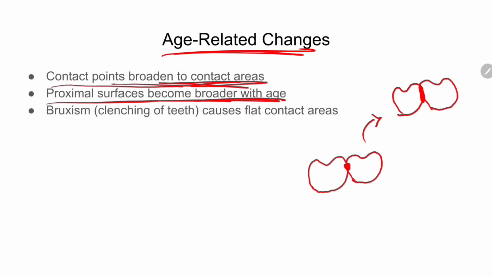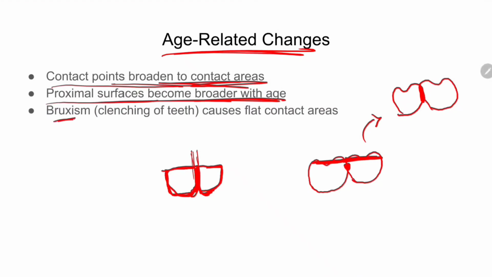With advancing age, the occlusal surface of teeth will be flattened. It will look something like this, right? The flattened teeth. And with time, this proximal surface will become a whole contact area, right? It means no such contact point or contact area. The whole proximal surfaces of both teeth will contact with each other.